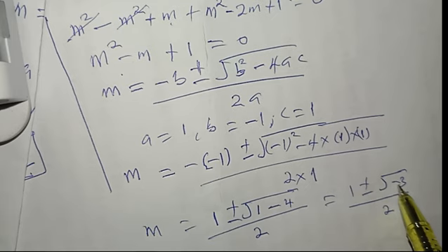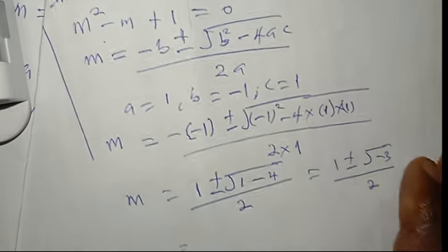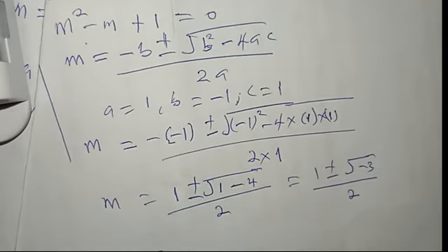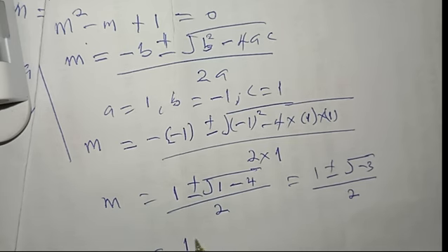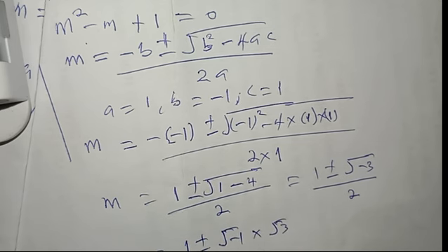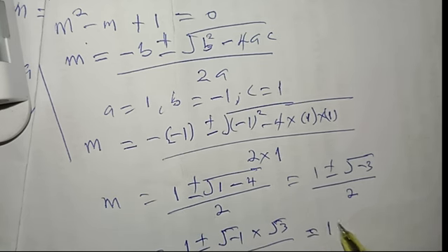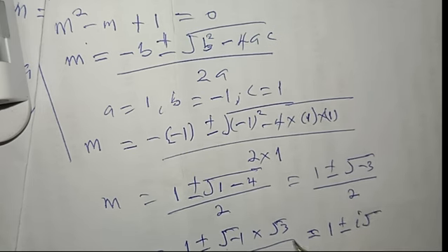Okay, so splitting this square root of negative 3, I'm going to have plus or minus root minus 1 multiplied by root 3, divided by 2. Okay, so of course this is going to be equal to 1 plus or minus root minus 1, which is actually i, multiplied by root 3, divided by 2.